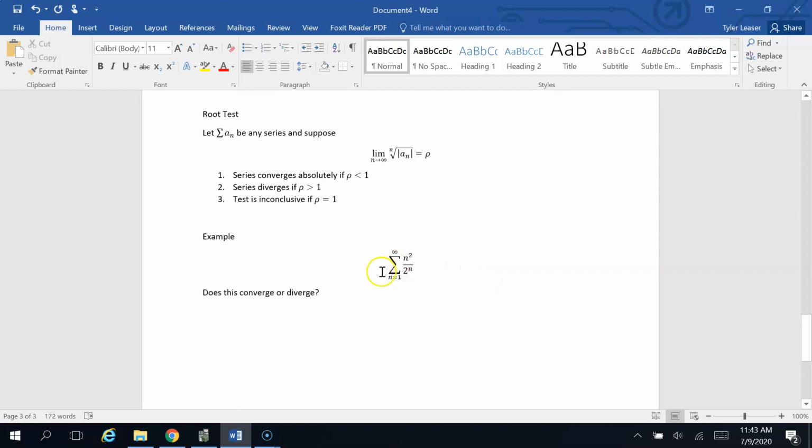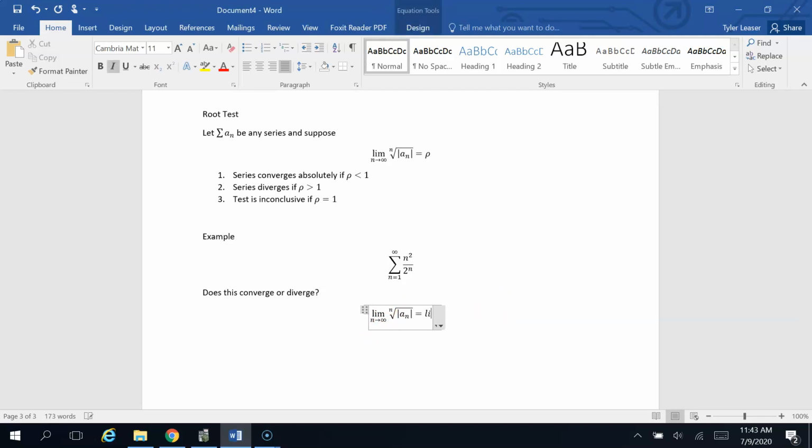If we're trying to figure out if this converges or diverges by the root test, we have to look at this limit. So let me just copy this down. All right, so it's the limit as n goes to infinity of the nth root of the absolute value of the nth term.